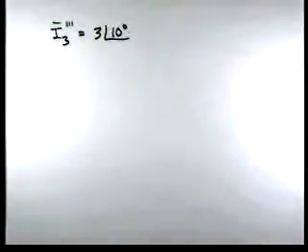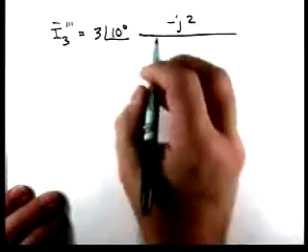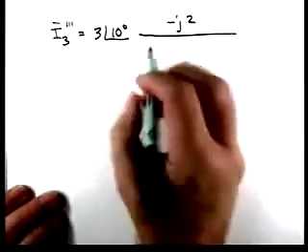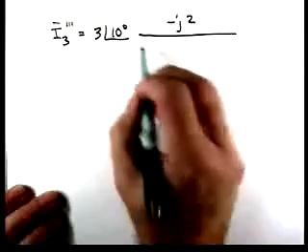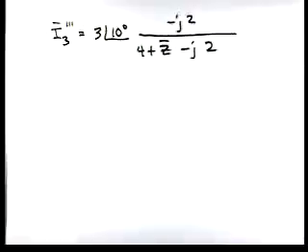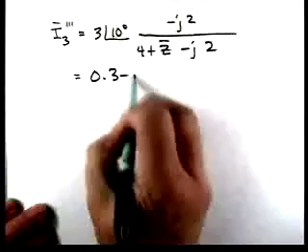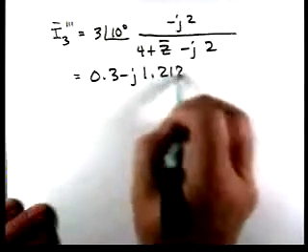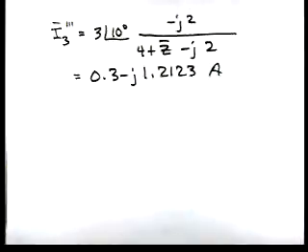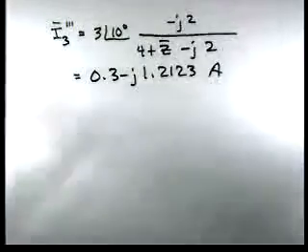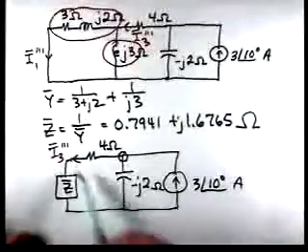So we have minus j2 over 4 plus Z minus j2. That gives us I3 triple prime as 0.3 minus j1.2123 amps. So now we've calculated this current.